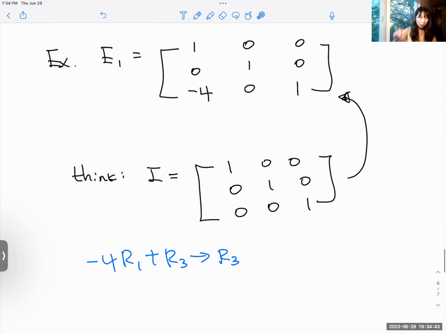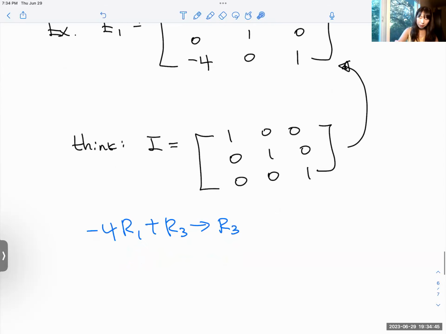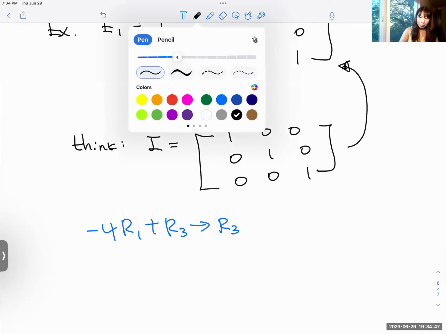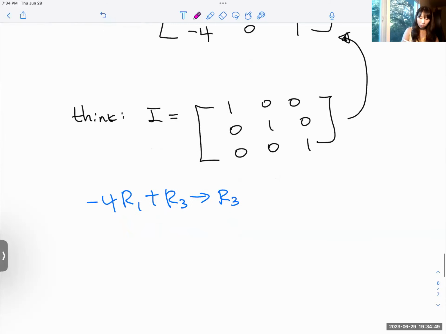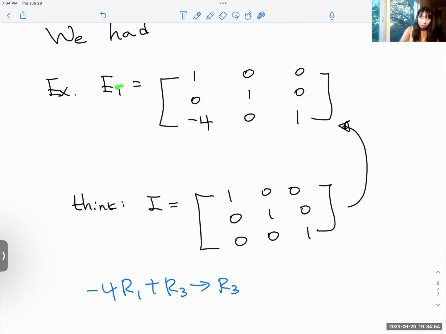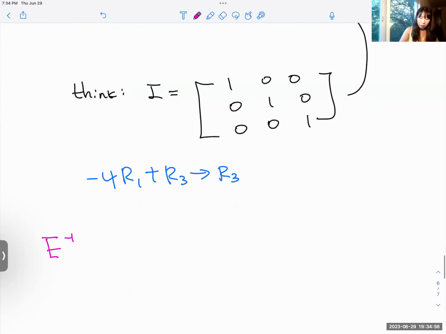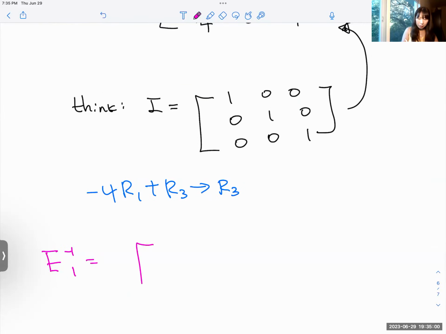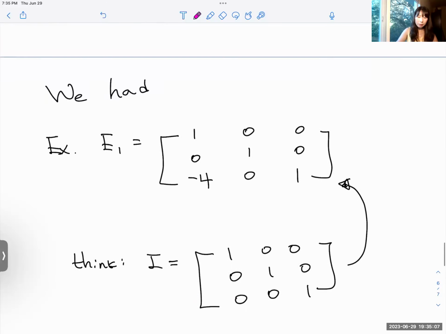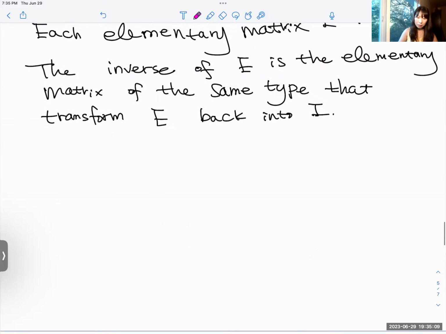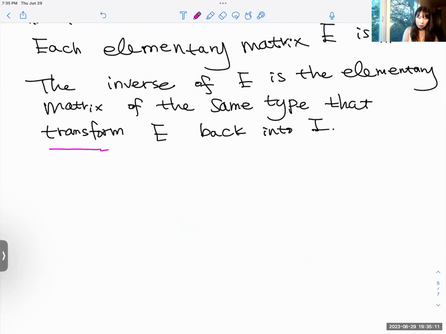Yeah, so we can do it. They say that the inverse transforms E back into I.